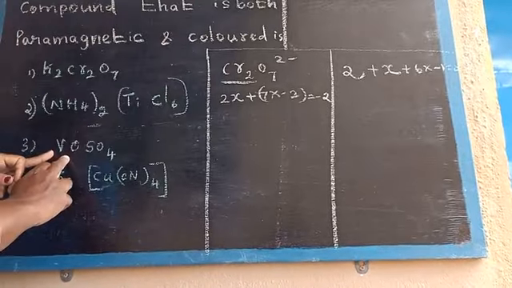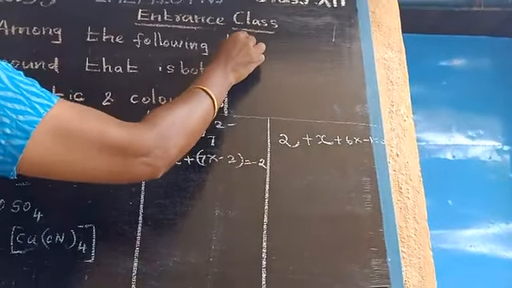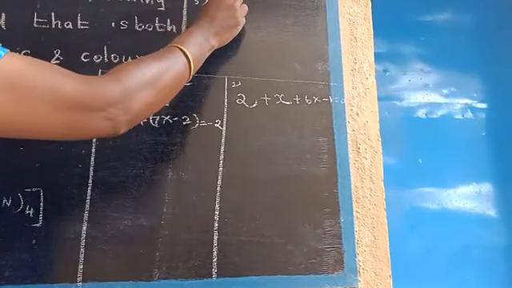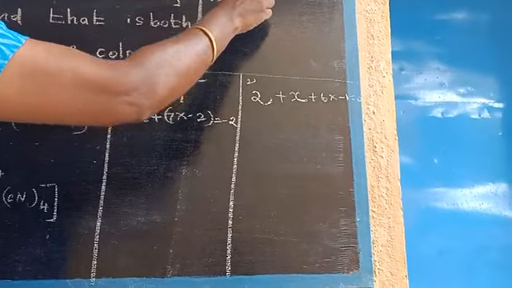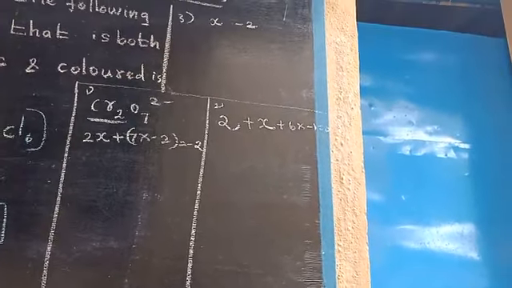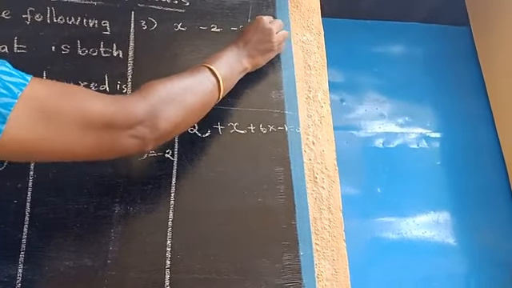Take the third option, vanadium. V is taken as X, oxygen minus 2, and the whole SO4 is minus 2, equal to 0.